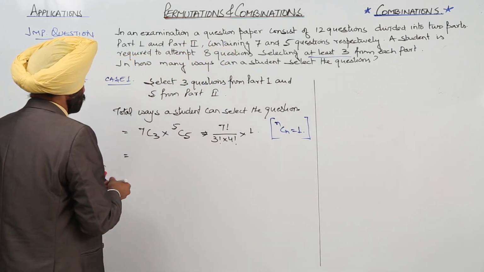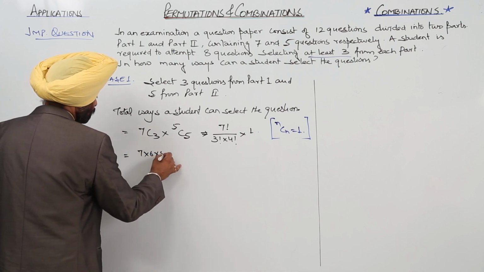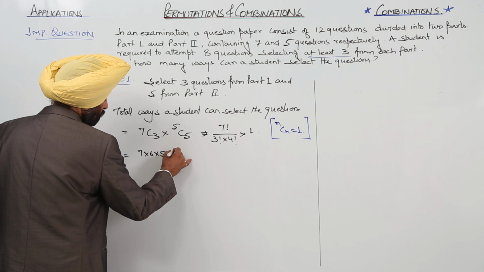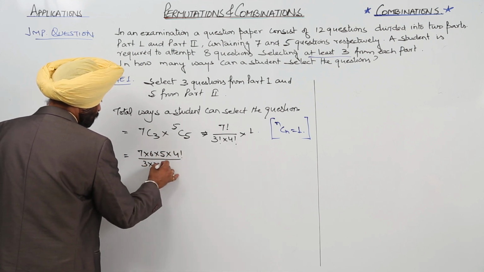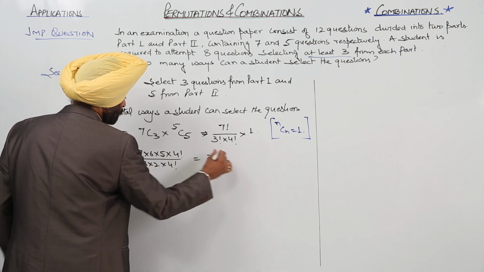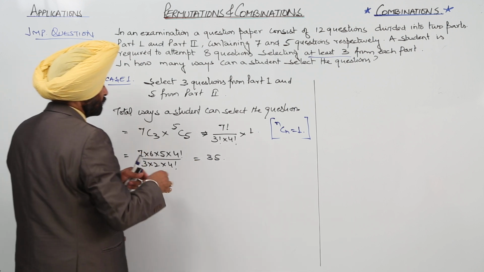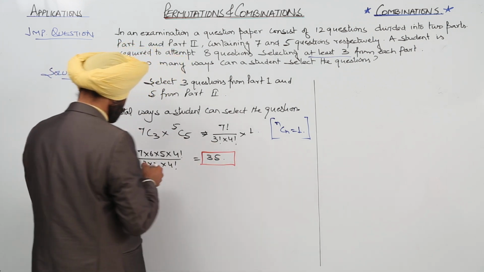So now this becomes 7 times 6 times 5 times 4 factorial upon 3 times 2 times 4 factorial, which is equal to 35. So in the first case we are having overall 35 selections.